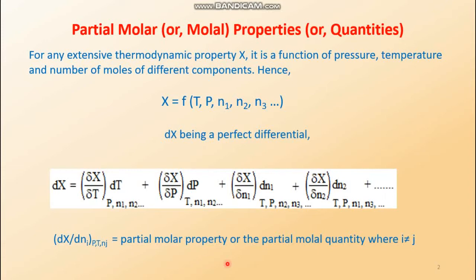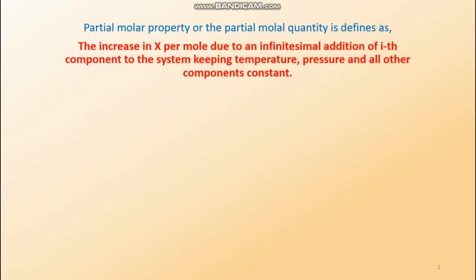But the fact is that if the system consists of more than one component, then it is the rate of change in that particular thermodynamic function with respect to change in any one component by keeping the other components constant. So this is the partial molar free energy with respect to that particular component.